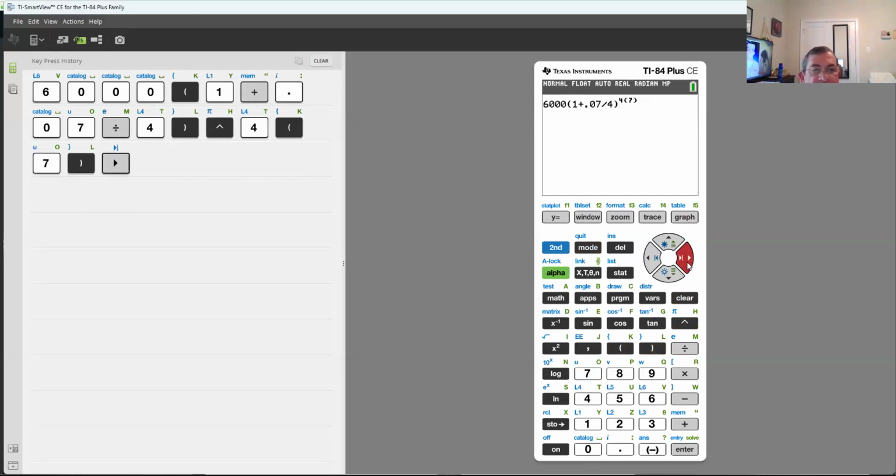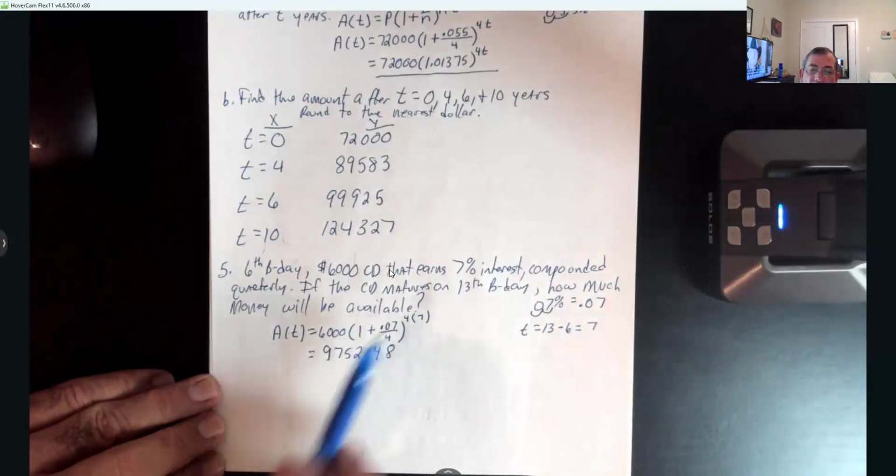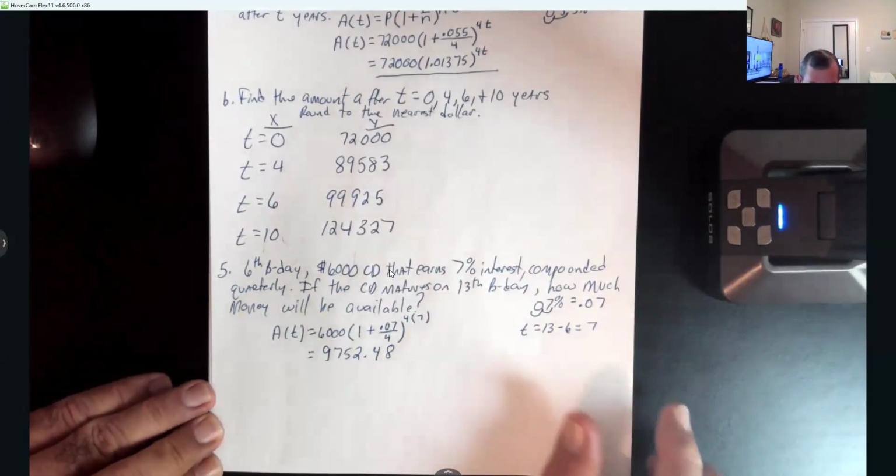Remember, nearest cents, we're looking for 2 decimal places. So it looks like we're getting $9,752.47, but the 7 has a 7 behind it, so we'll make that 0.48. That's the trick on those 2 problems: just use the formula, plug in what you know, and then get the answers.